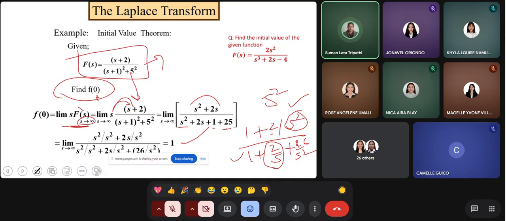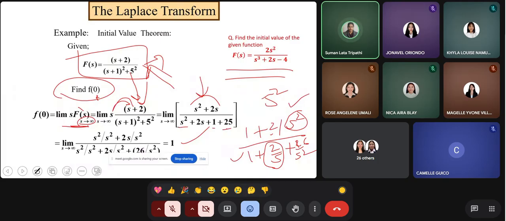But if you directly put infinity in this term, you will not easily conclude what the exact value of the answer is. That's why some simplification is required. The correct answer for the initial value of this function is 1.